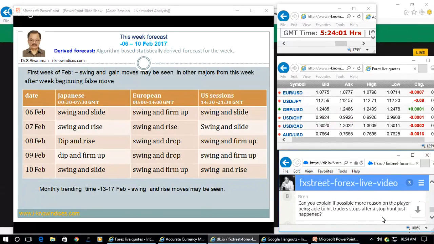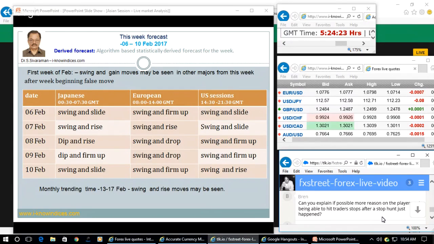If they find a cluster of stops closer to the low, then they will try to make the downward stop run. But they are not making the stop run after the initial one when the traders have taken sell positions near the low or below the initial low.